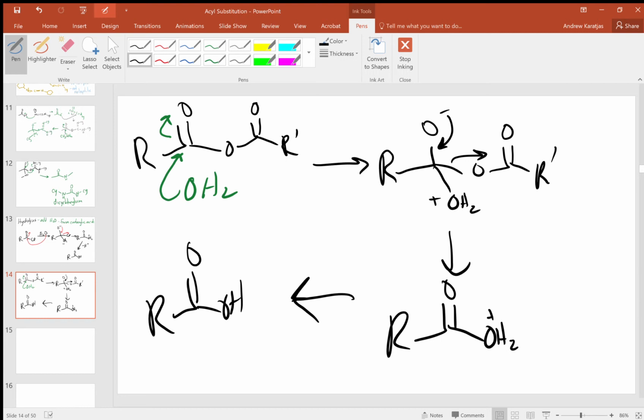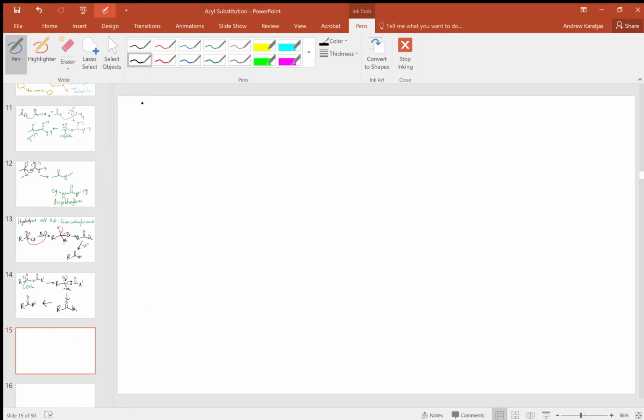Now for esters, this is a much more important reaction, the idea of hydrolysis. And esters not being nearly as reactive as anhydrides or acid chlorides, we do need to do something to make it more reactive. And so we have two options.